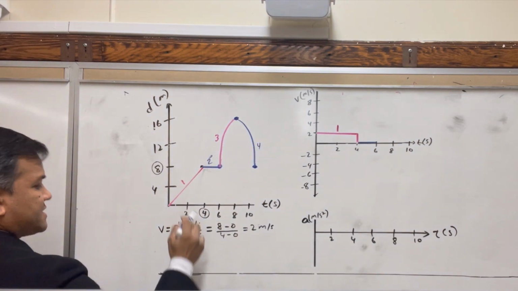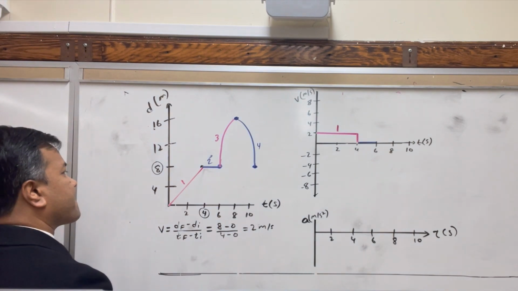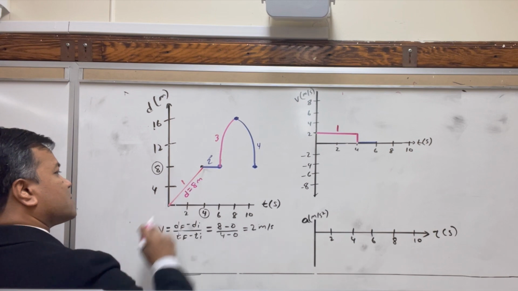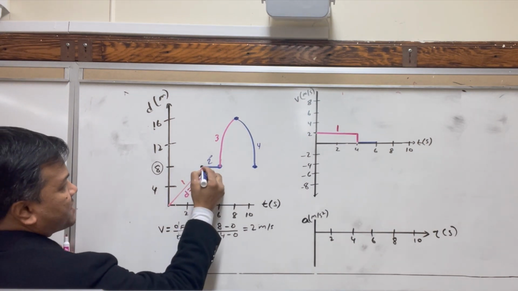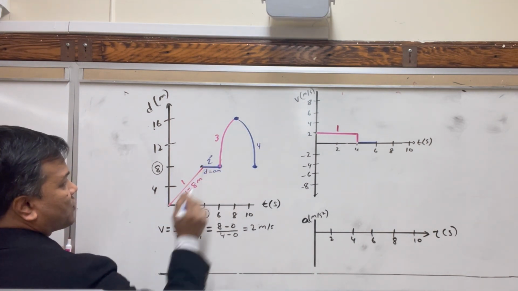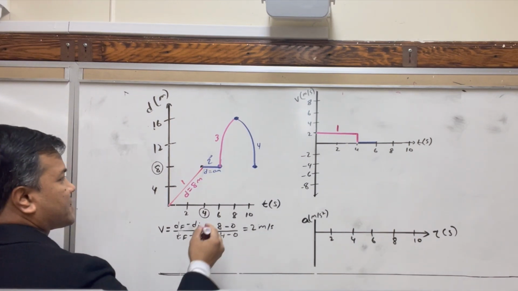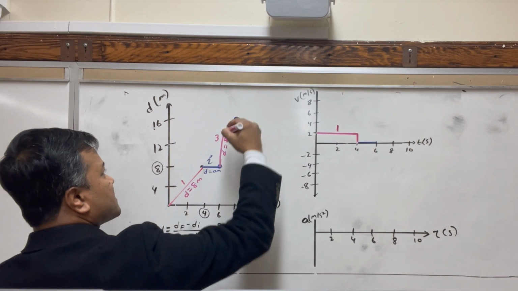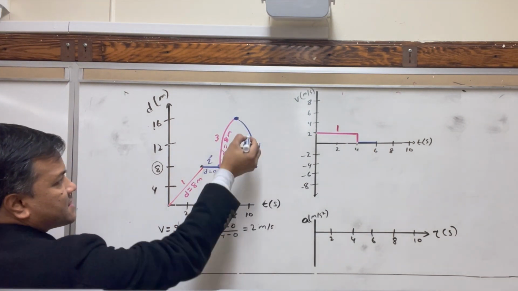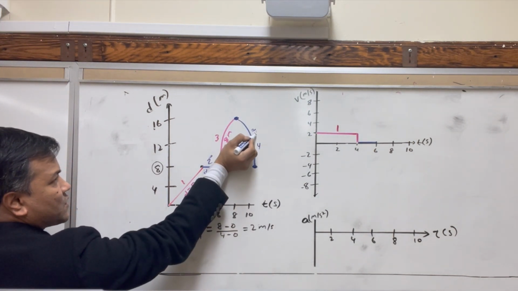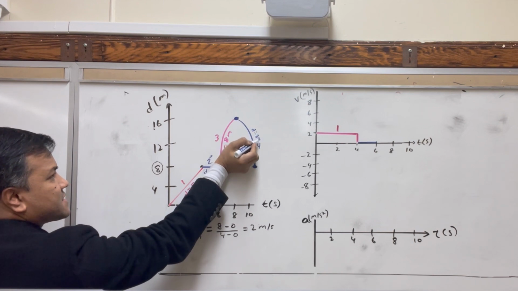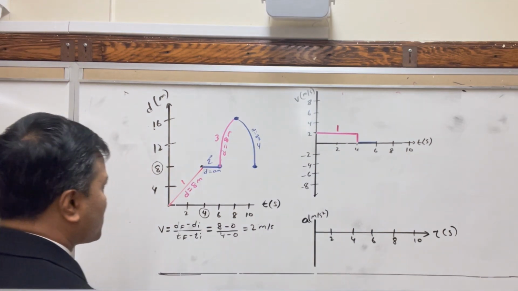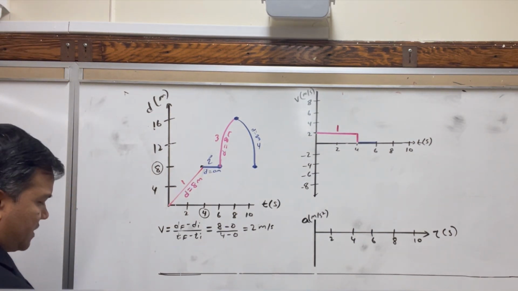The distance the object travels is 8 meters at section 1. The distance is 0 meters at location 2. At section 3, the distance is also 8 meters. And at section 4, the distance is also 8 meters. Remember, distance is positive. You take the absolute value of the negative and you get the positive. So distance is 8 meters.